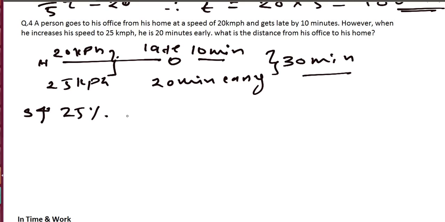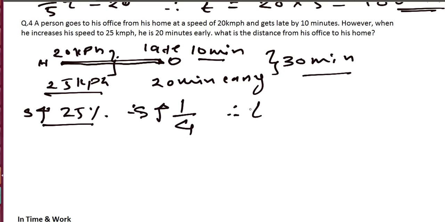Speed is increased by 25%, therefore the time has to be reduced for traveling the same distance. Time should be reduced by 20%, because speed increasing by 25% means increasing by 1/4. So time will be reduced by 1/5, that is 1 upon n plus 1.